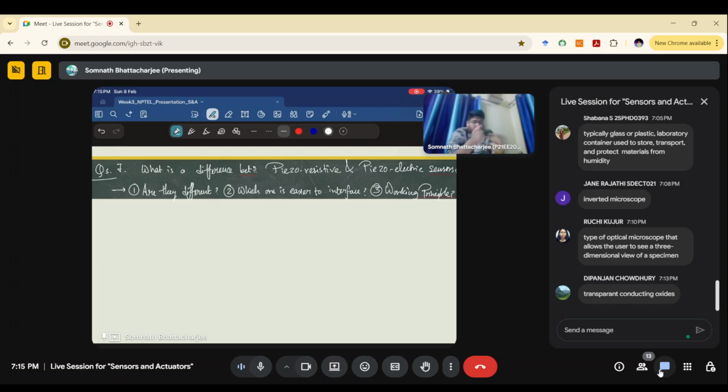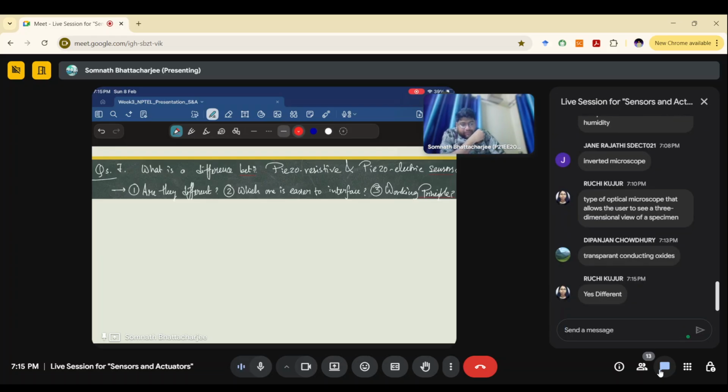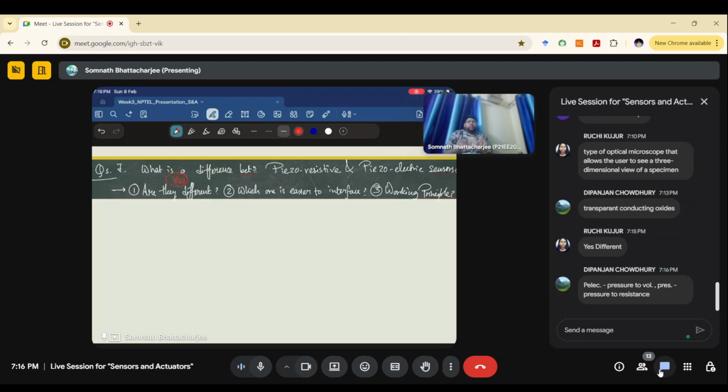The first question is obviously yes, they are different. So which one is easier to interface and why do you think so? Piezoelectric is pressure to voltage and piezoresistive is pressure to resistance. Okay, and others?